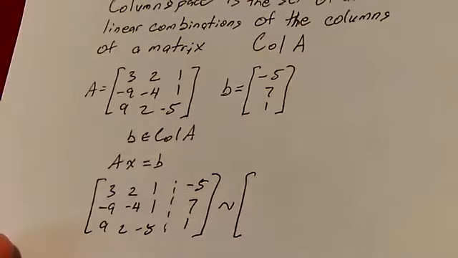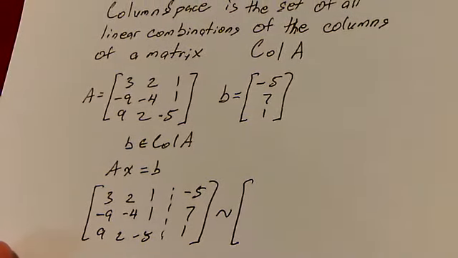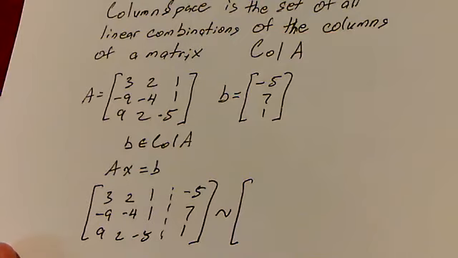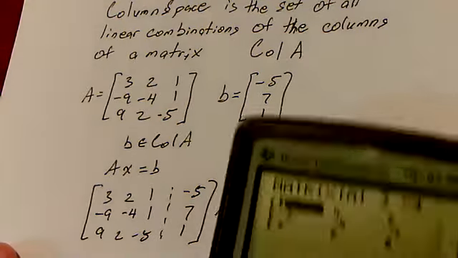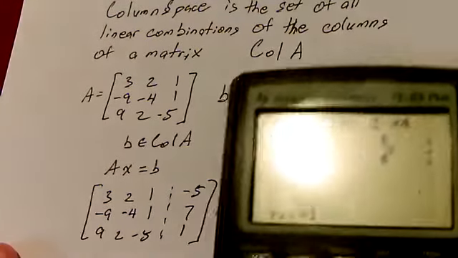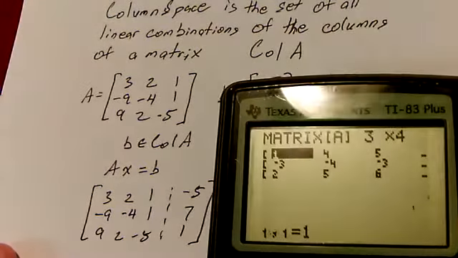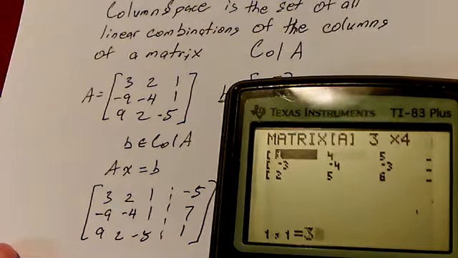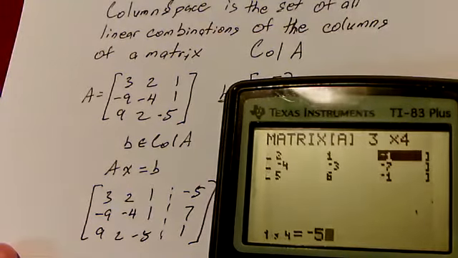And we're going to row reduce this, or just reduce it. Use your calculator. Use whatever tool is best for the job in your case. So go to your matrix on your calculator, 3 by 4. So my top row is 3, 2, 1, -5.